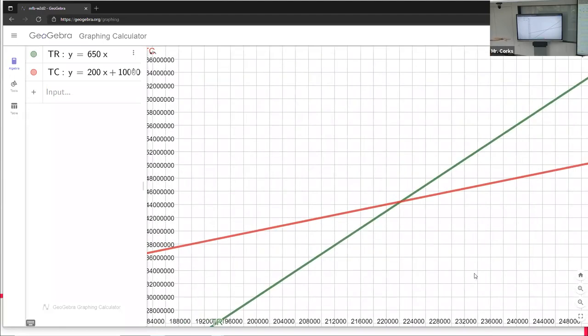So Q is, again, our independent variable. That's our horizontal axis here. And then dollars is the vertical axis here. So if the Q value is less than that amount, then they haven't sold enough and they have an overall loss with this product.